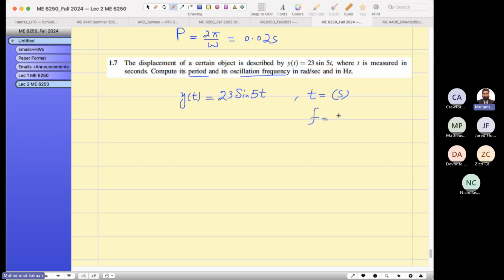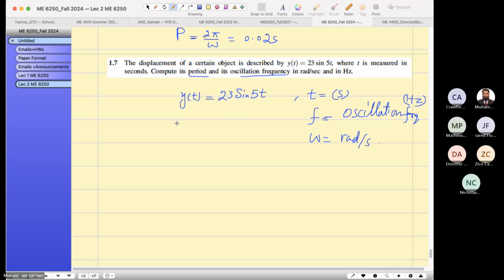Oscillation frequency, I would say, is written by F, and the radian frequency is written by omega. How many radians per second the particle is oscillating at. So now this is in hertz, and F equals 1 over the time period. Time period is 2 pi over omega, or omega over 2 pi is F, correct?